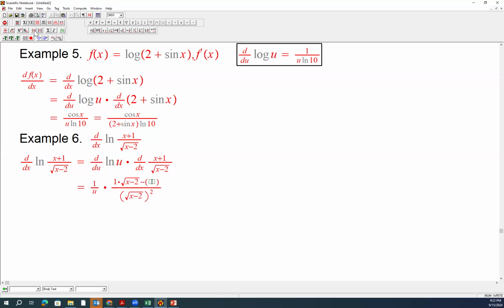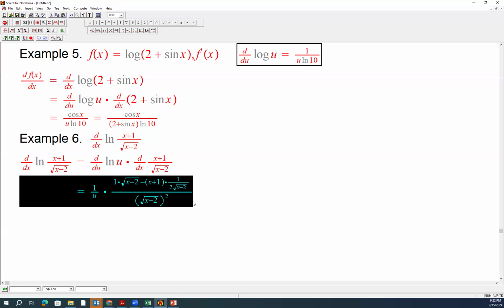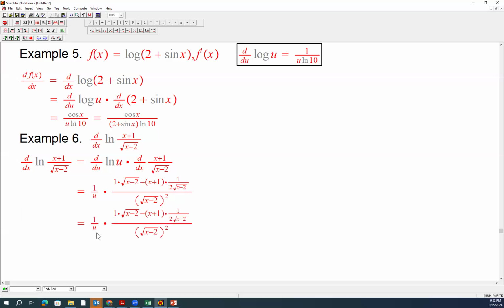We're going to keep the x plus 1, differentiating the square root of x minus 2. So that's going to be 1 over 2 times the root of x minus 2. On the next step, if you like to bring the u back, where you substitute u by its equal, you can do that.